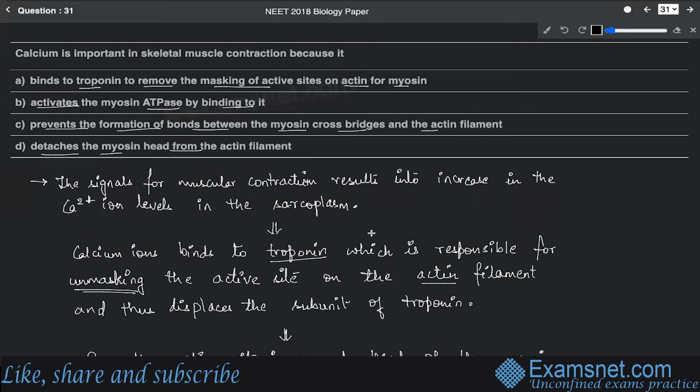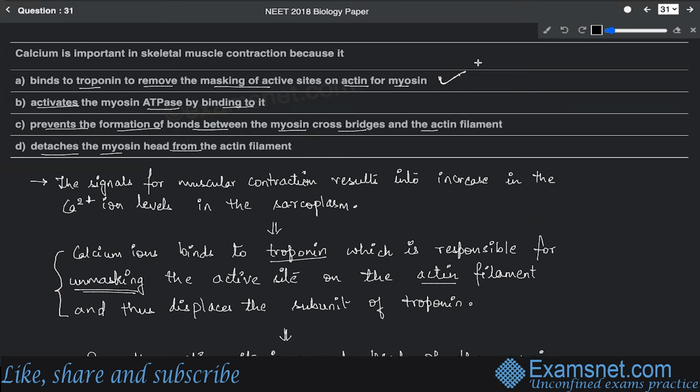All right, so let us take a look into the options that has been given. Calcium is important in the skeletal muscle contraction because it binds to troponin to remove the masking of active sites on actin for myosin. So we have seen over here that this statement is the correct option, because once the calcium ions bind to troponin, this is going to unmask the binding sites on the actin, and then the actin will be sliding over the myosin filament.